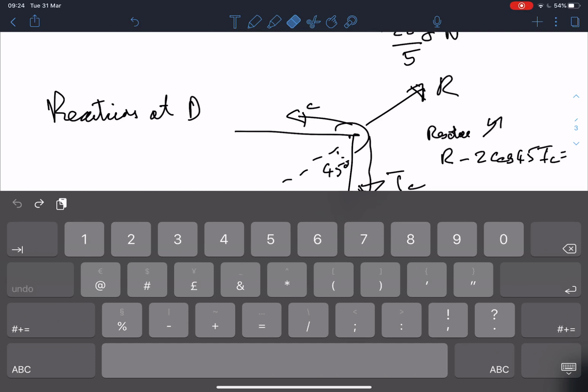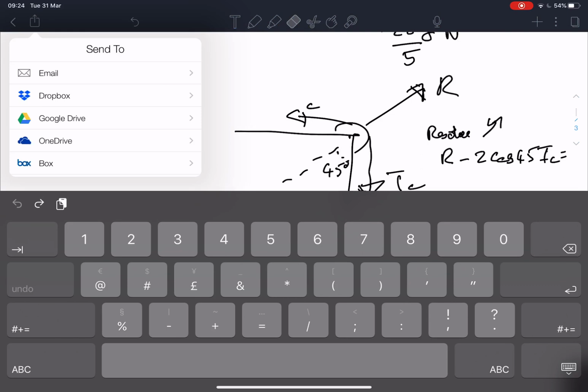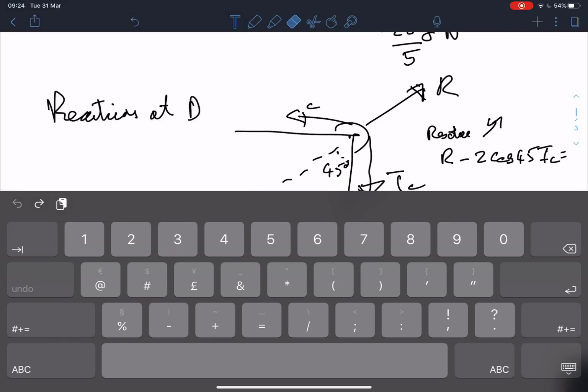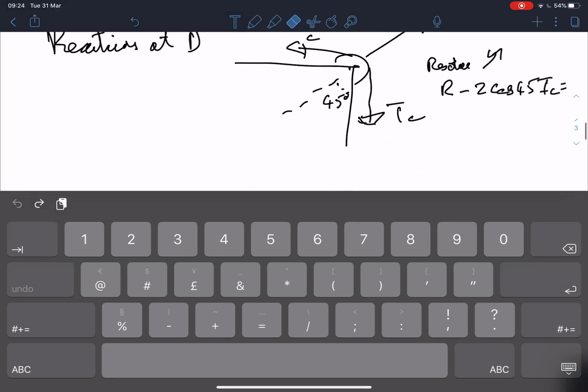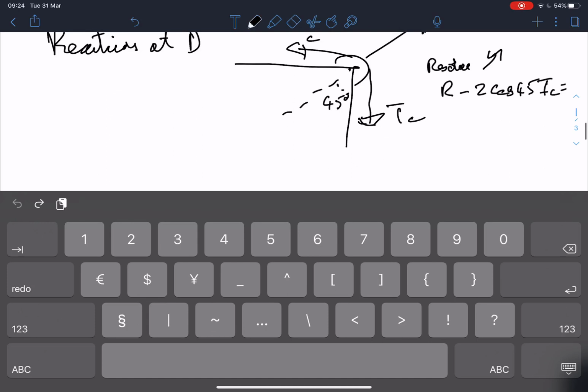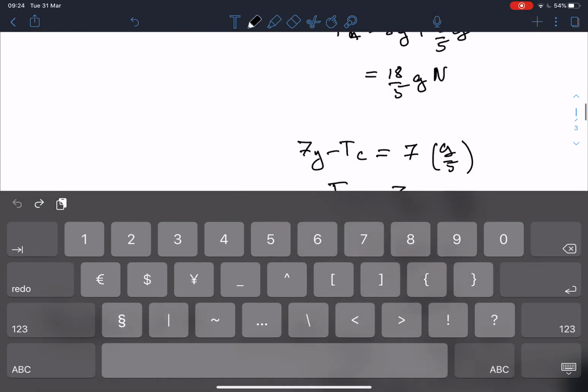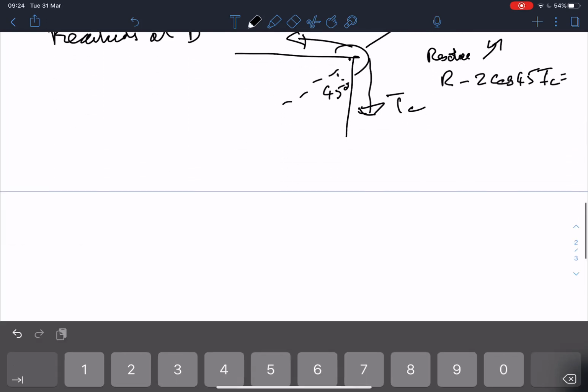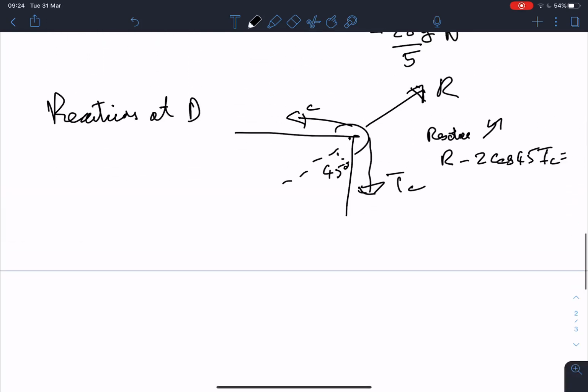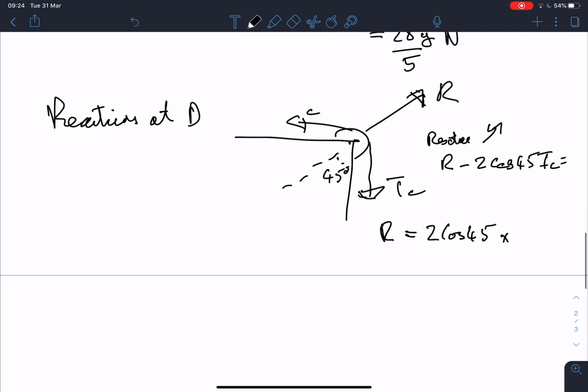And we're going to resolve in the direction of R. So we get R minus 2TC, and this angle split in half, so that's 45 degrees. So minus 2 cos 45 times TC equals 0.